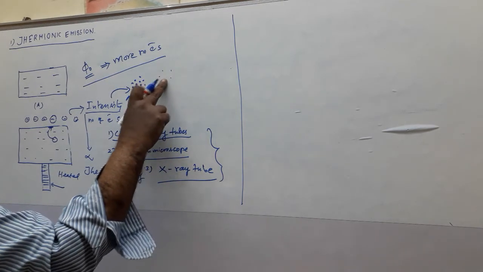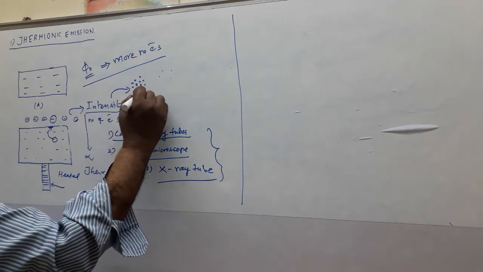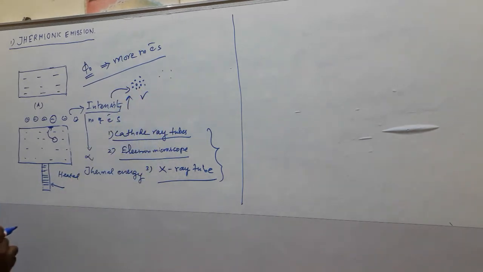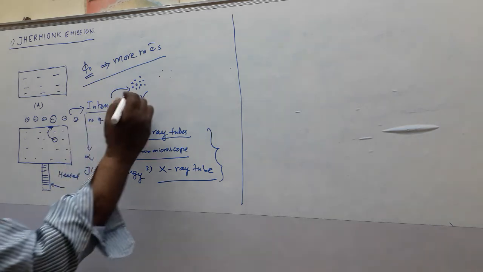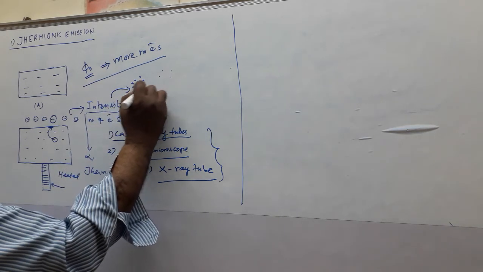Where there are more electrons, it is denser. It is called more intensity.